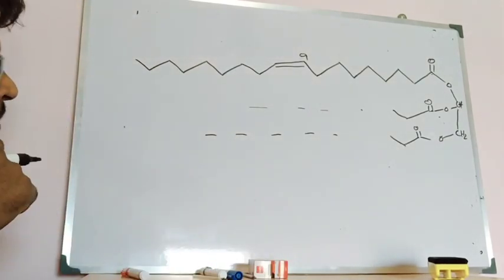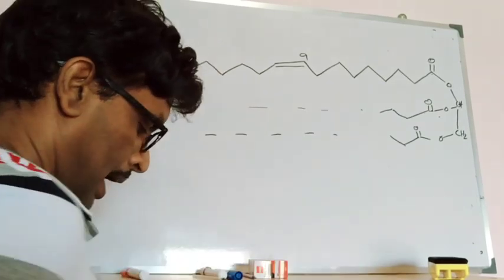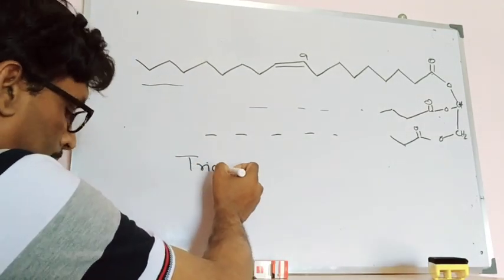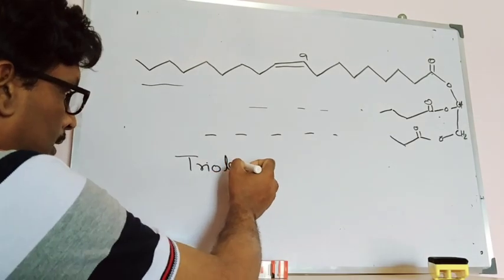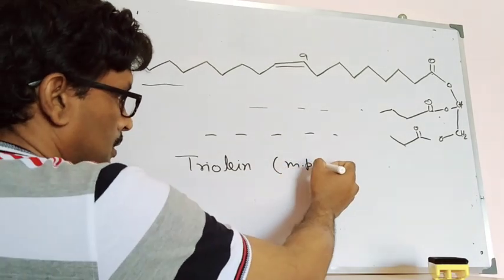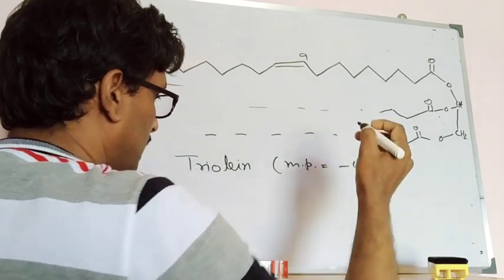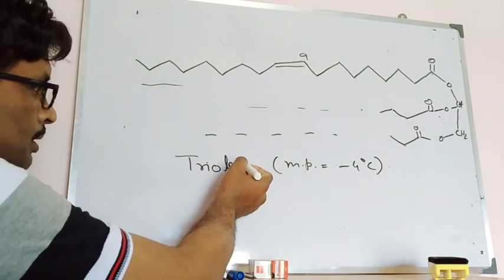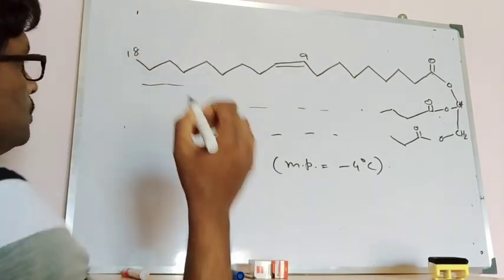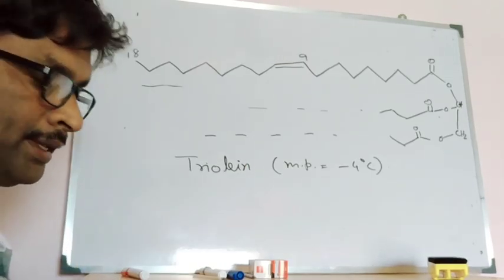That means this chain is repeated here. So this one will be called the triolein. That means its melting point is minus 4 degrees centigrade. So clearly this is the oleic acid, 9, 10, and 18. This is the triester of oleic acid, and it will be liquid at room temperature.